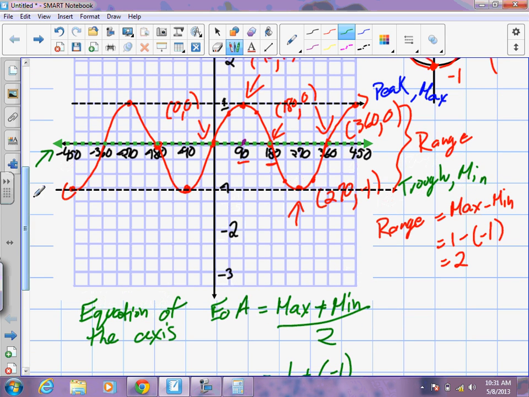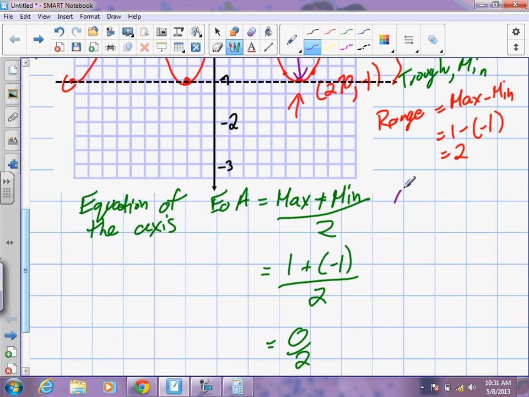Now, the other equation, which I had written backwards, is the amplitude. The amplitude is the distance from the equation of the axis to either the max or the min, the peak or the trough. So, in order to calculate amplitude, we take a very similar formula to this. We take the max, but we subtract the minimum and divide by 2. So I had those two mixed up for a second.